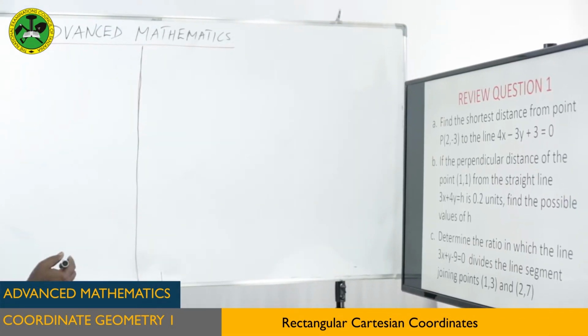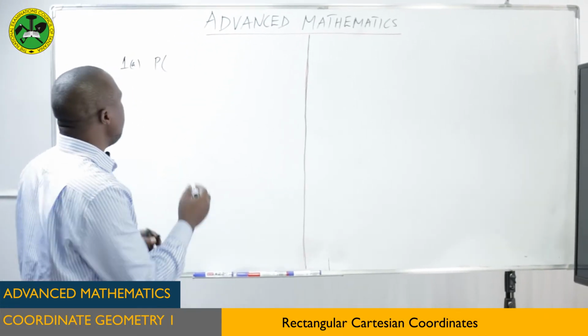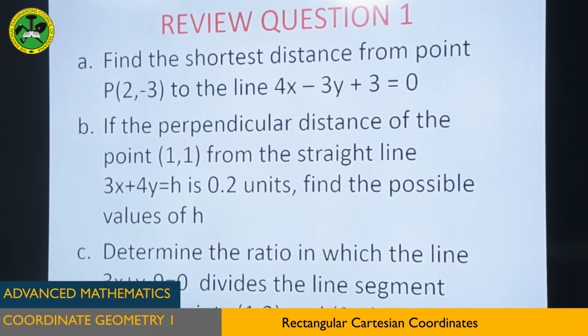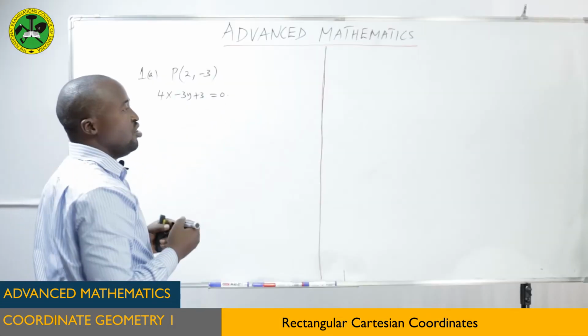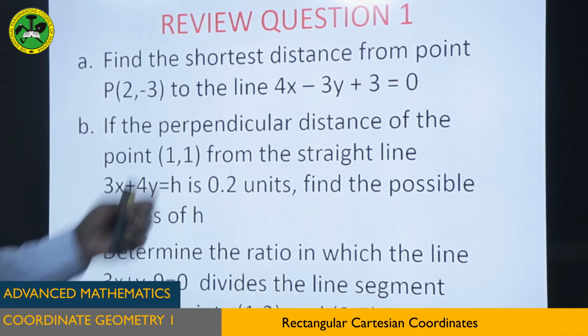In review question 1A, we are given the point P, which is (2, -3). But again, we have a line, named 4x minus 3y plus 3 is equal to 0. Our interest is to find the shortest distance.